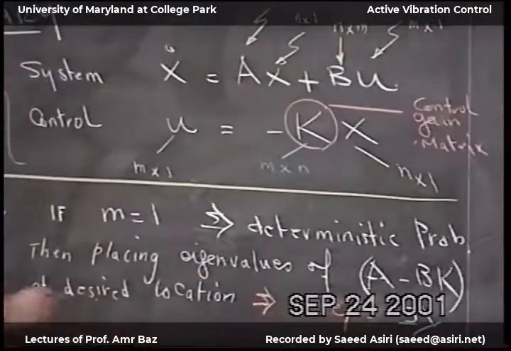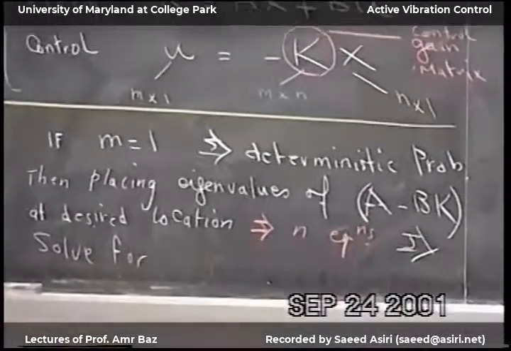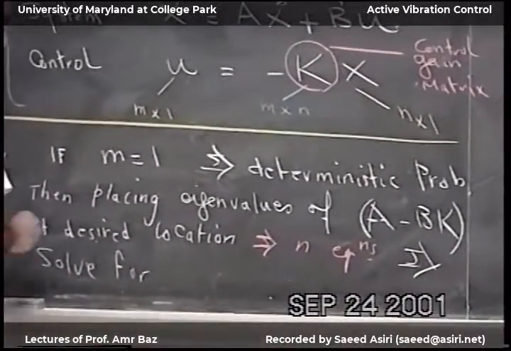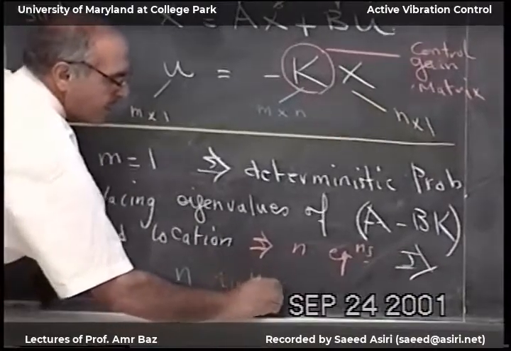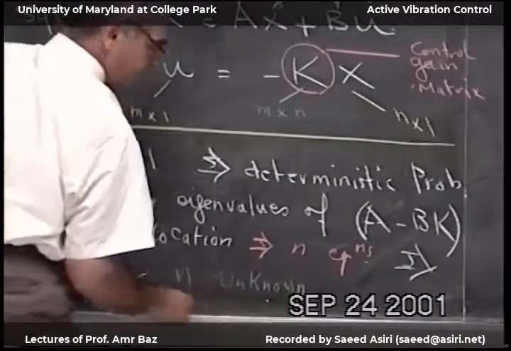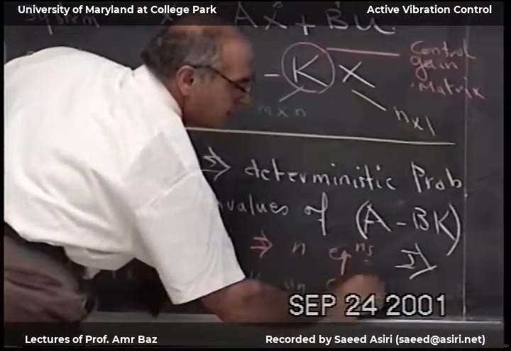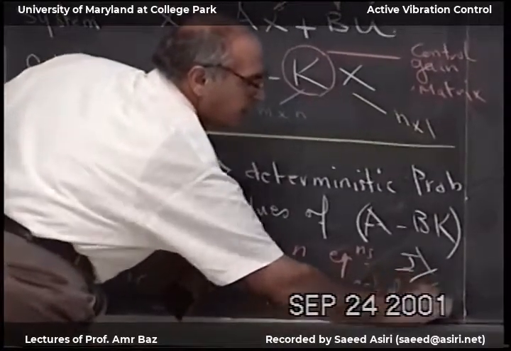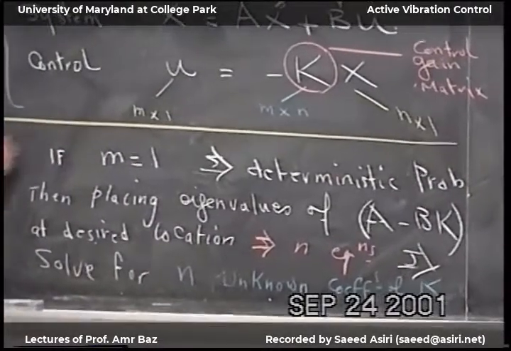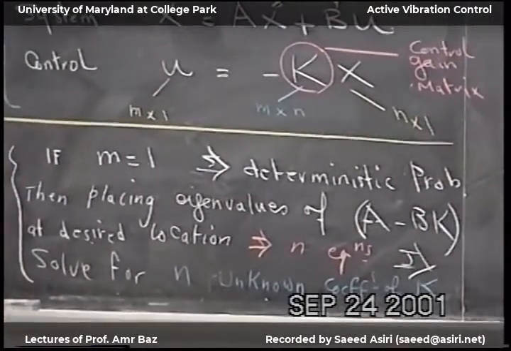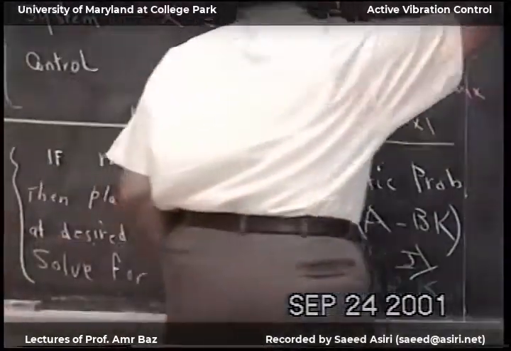Then we can solve for the n unknowns, the n unknown coefficients of the gain matrix K. If m is not equal to 1, then we have more unknowns than equations, and we have to use optimum control.